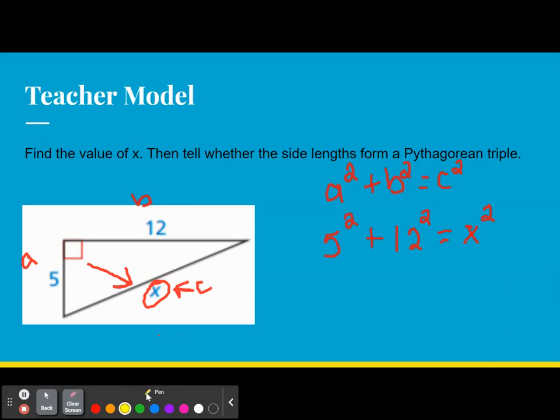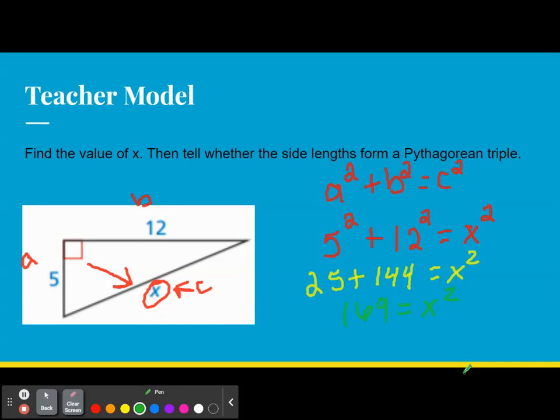Now I just work it out. 5 squared means 5 times 5, which is 25. 12 squared means 12 times 12, which is 144. And that equals x squared. Now I add 25 plus 144, and that gives me 169.